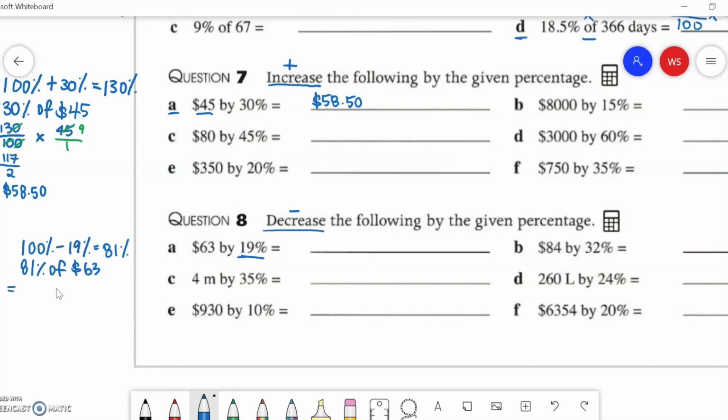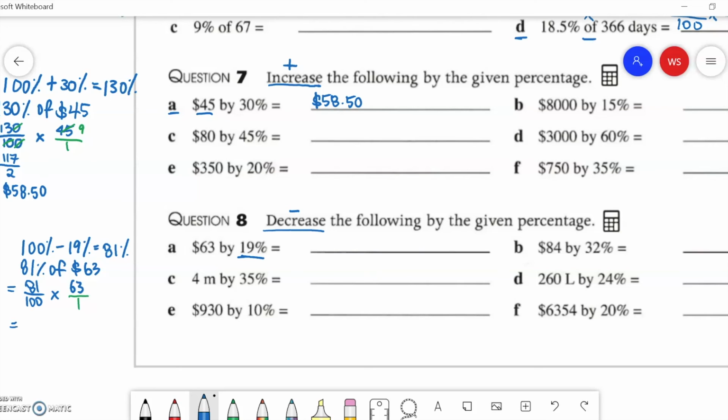Same as above, now converting our percentage into a fraction. So that's 81 over 100 of becomes times 63 as a whole number over 1. Okay, having a look whether there is anything to cancel out over there. So there's nothing to cancel. So therefore we'll multiply it across.